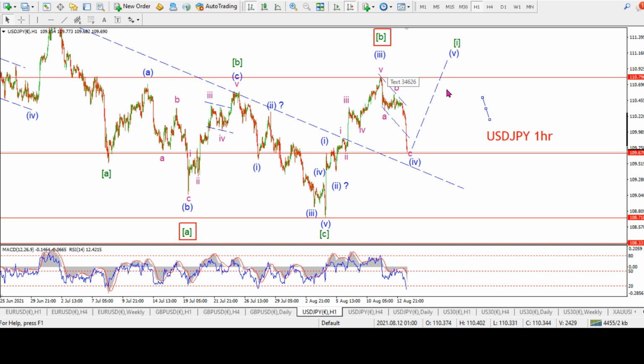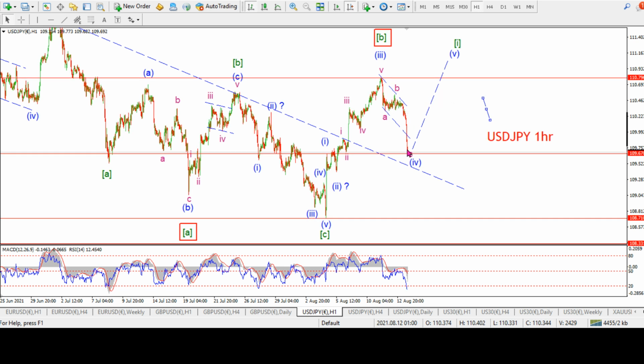Now, today's decline, I did expect a C wave decline, but that C wave decline has pushed right back into the wave 1 high again. So it really is pushing the feasibility of this bullish count right now.